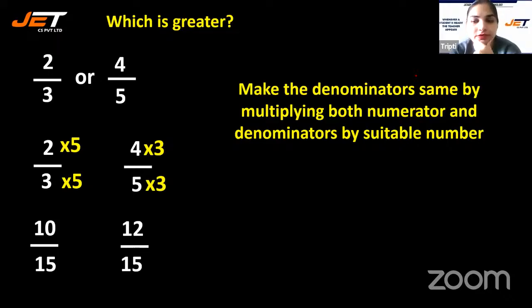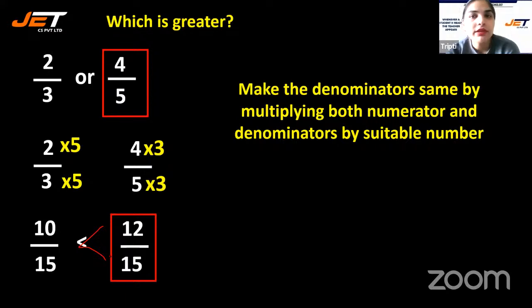So here, 2 times 5 is 10, 3 times 5 is 15, and 4 times 3 is 12, 5 times 3 is 15. 10 by 15 and 12 by 15. So here now we have got the denominator same. Which fraction is greater? 12 by 15 is greater than 10 by 15. Simple thing, when the denominators are different, make them same. That's it.